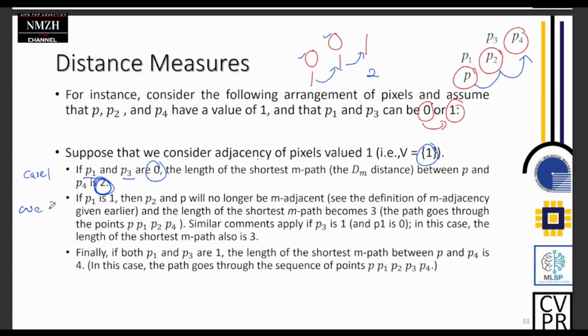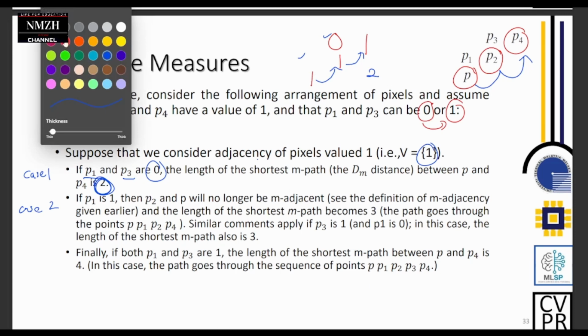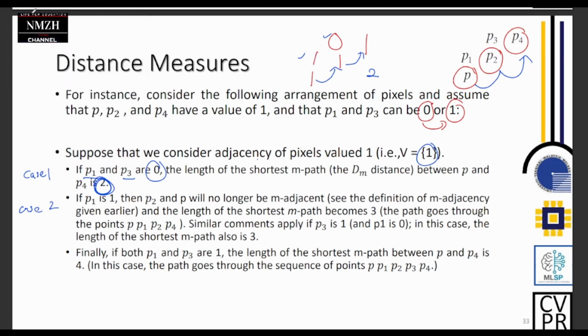So take a look at case number 2, guys. P1 is 1. So now we change this value to 1. Oh, sorry for that, hold on, I try to make things better.